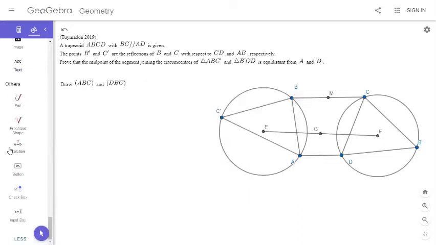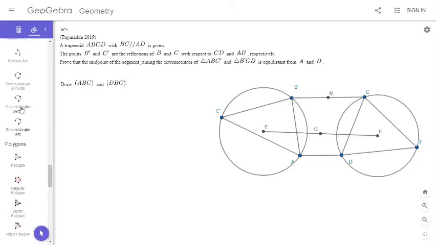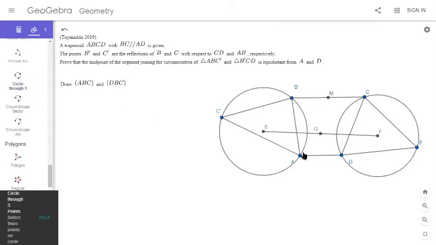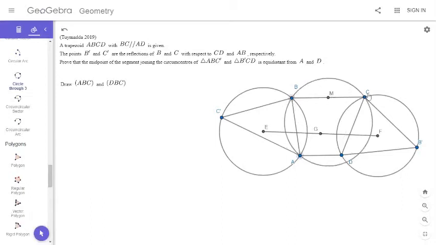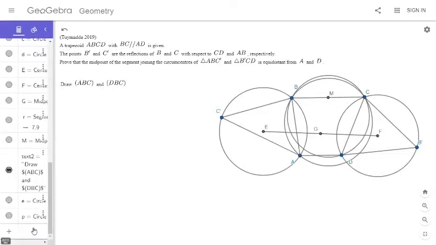What is this competition? Tuymaada sounds like a disease name. It's in Russia. It's for advanced high school students. I'm not sure if students from other countries can participate, but it's held in Russia every year.